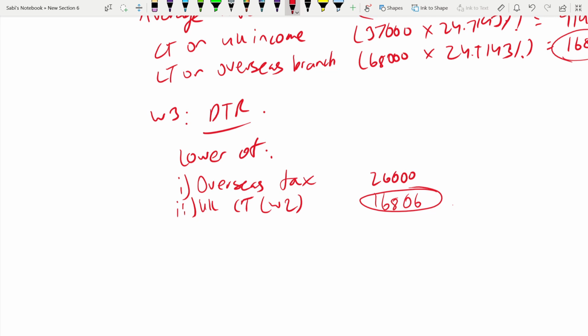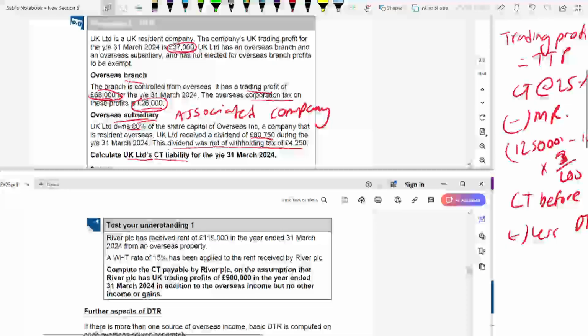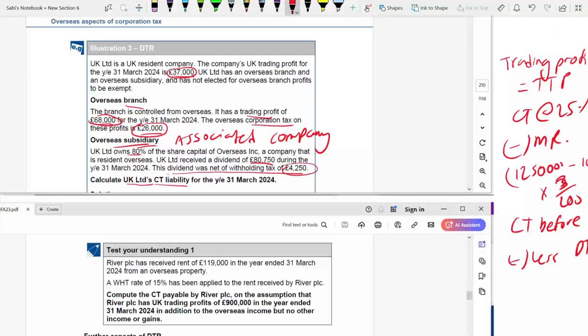Remember, there is no double tax treaty. So for the withholding tax suffered on dividend received, as the dividend is not taxable in UK. Okay, there is no double tax treaty for withholding tax that you have suffered for the dividend received. You have received a dividend, no? You have suffered this. But because there is no double tax treaty, and also the dividend is not taxable in UK, we usually don't have double tax treaty for the withholding tax suffered on dividend received.